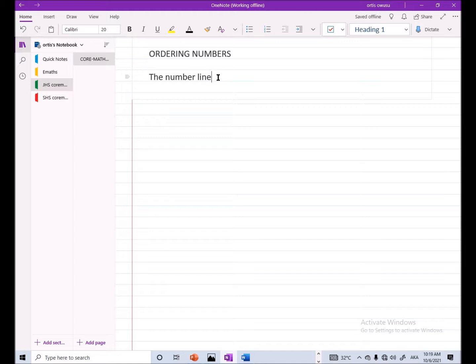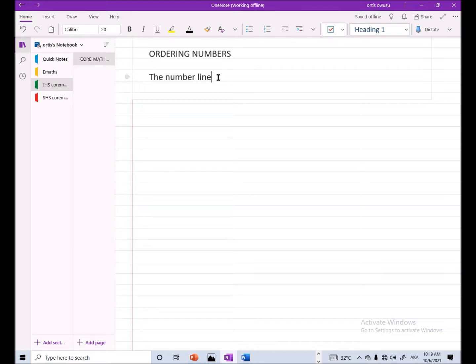A number on the number line is always greater than any number on its left and smaller than any number on its right. You get it? So we are looking at the numbers on the number line.